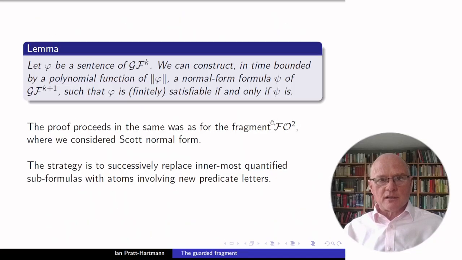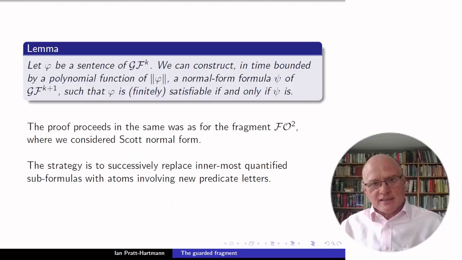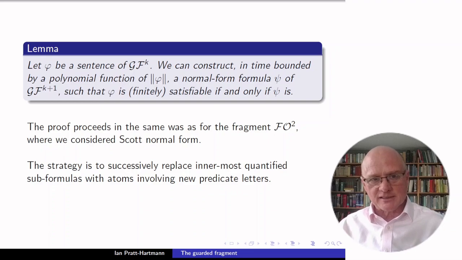Now, we can prove a lemma. Let phi be a sentence of the k-variable guarded fragment. We can construct, in time bounded by a polynomial function of the number of symbols in phi, a normal form formula, psi, of the k+1 variable guarded fragment such that phi is finitely satisfiable if and only if psi is.